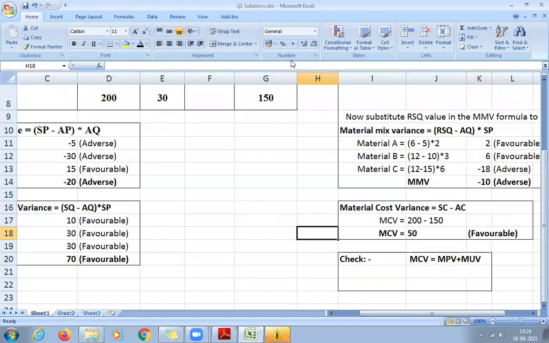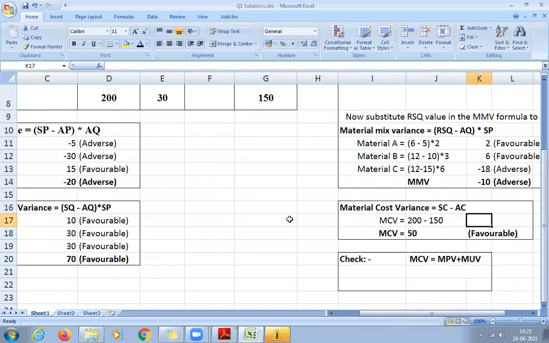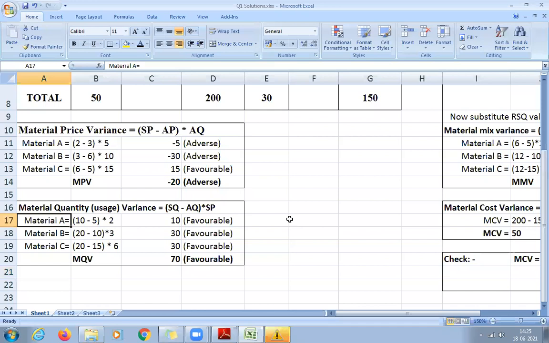So material cost variance, how much we got? 50 favorable. And material price variance, MPV, how much? Minus 20. And then MUV, material usage variance, how much we got? 70.